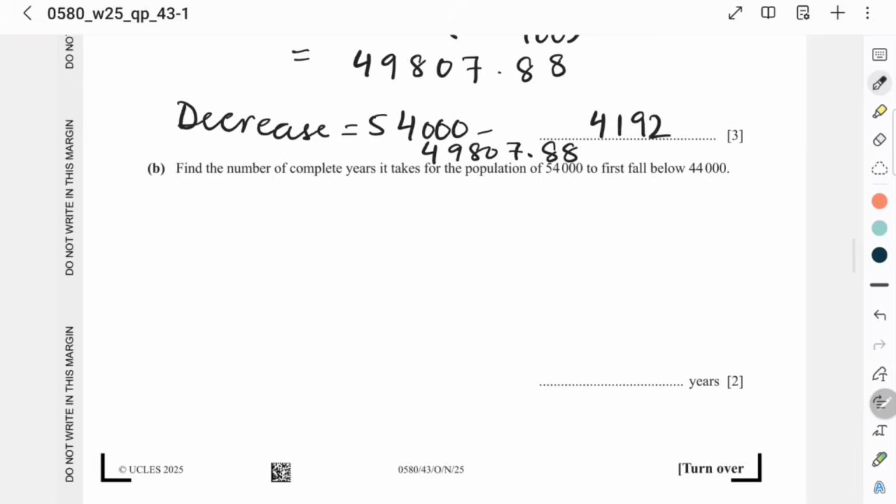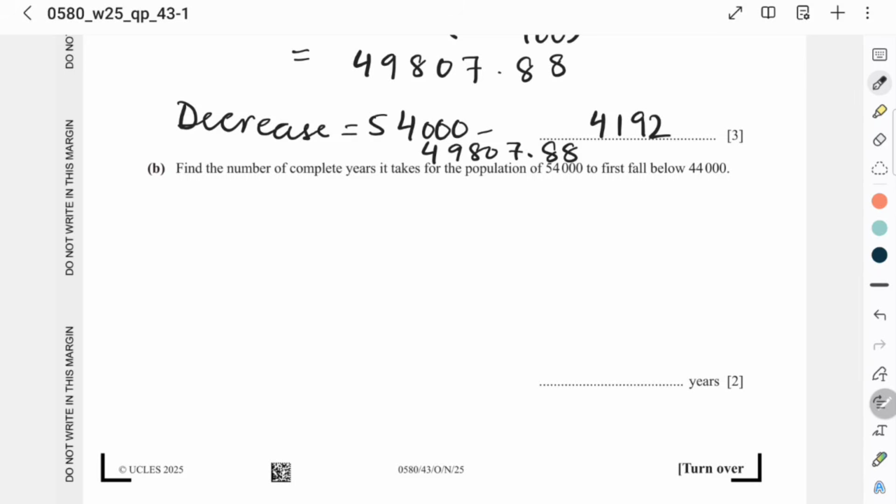Find the number of complete years it takes for the population of 54,000 to first fall below 44,000. It means you have to check the first number below 44,000.